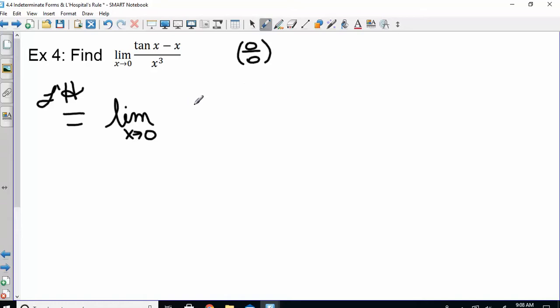What is the derivative of tangent? Minus the derivative of x, over the derivative of x cubed. Okay, so we need to be able to put this in.